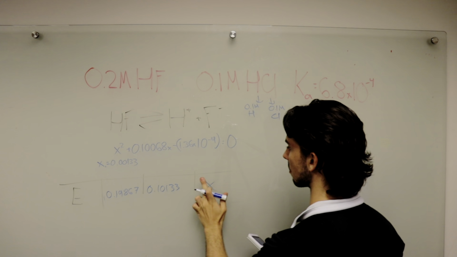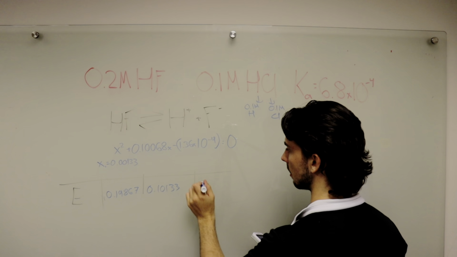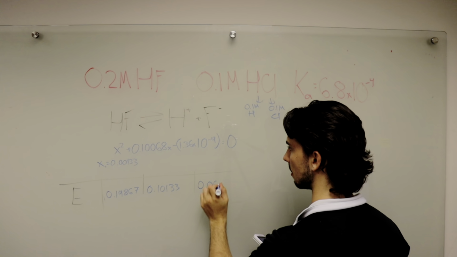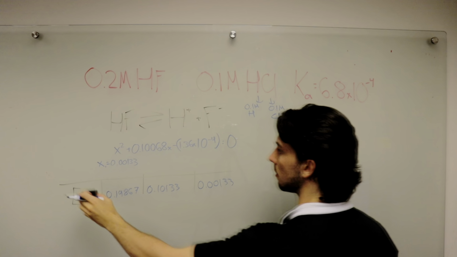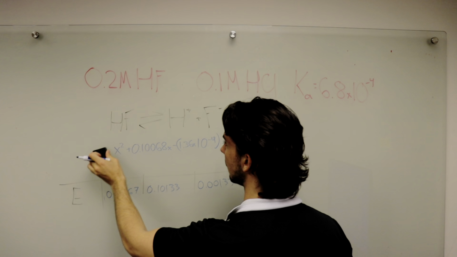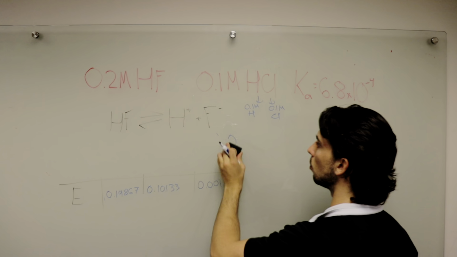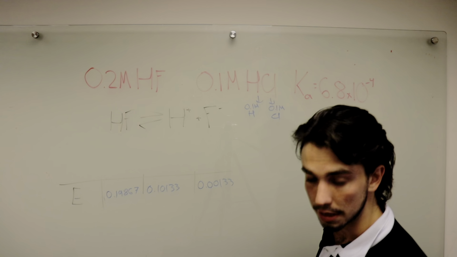Then our fluoride concentration is just x, 0.00133. Perfect. Now that we've figured out our concentrations at equilibrium, we can use these values to find the pH.